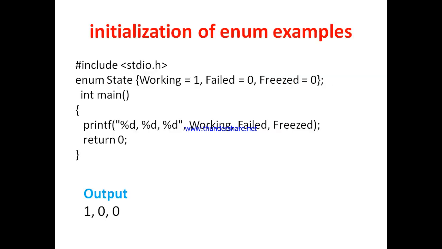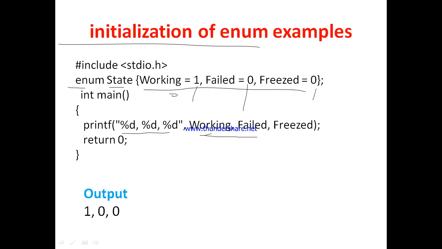Now let us see the third example, that is the initialization of enum. Here enum keyword, here the name of the enum structure. Now here are three constants: working, field and prints. We have defined the values manually. By default the value starts from 0, but here the value is given 1, here the value is given 0, here the value is given 0. So when we print the values of these constants, working, field and prints, it is printed as 100.